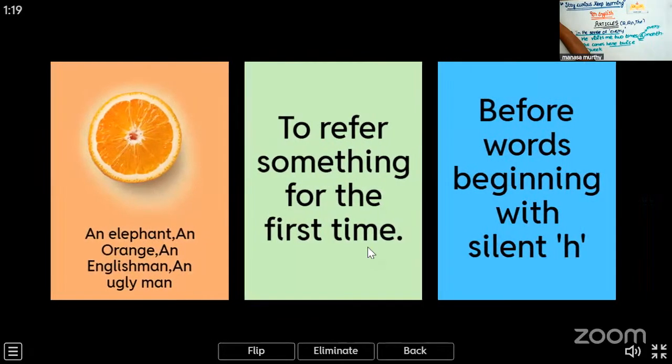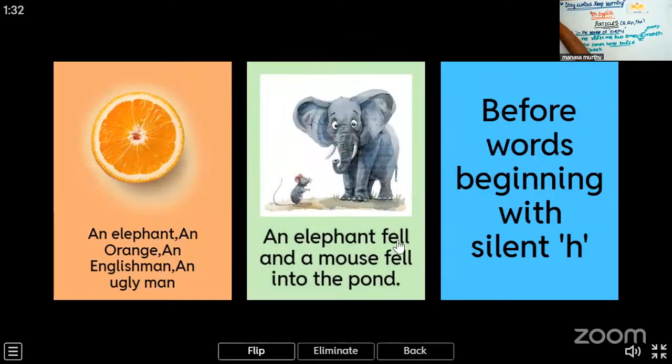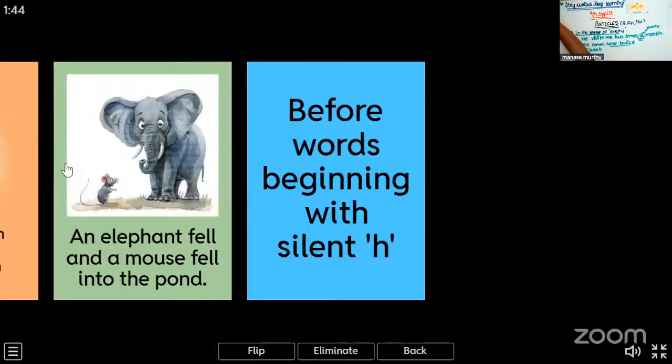Next. To refer to something for the first time. When we refer to something for the first time, we have not spoken about it before this. An elephant and a mouse fell into the pond.